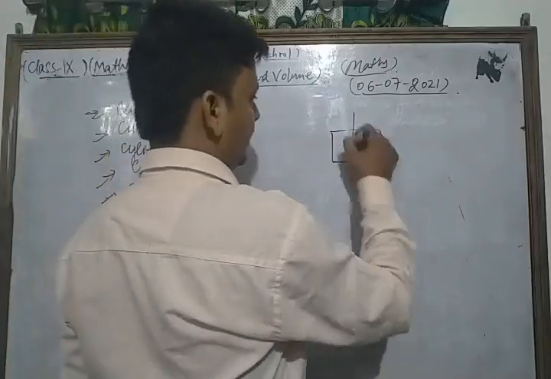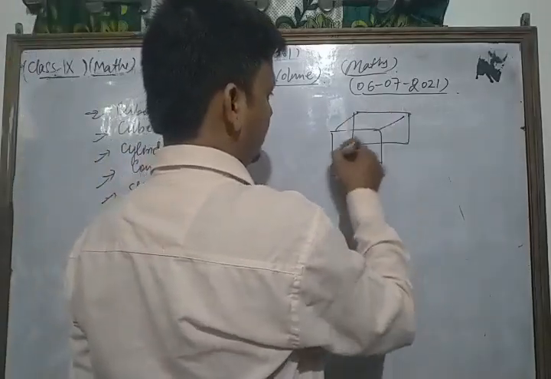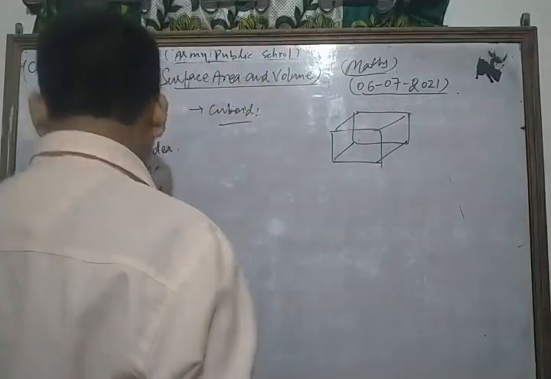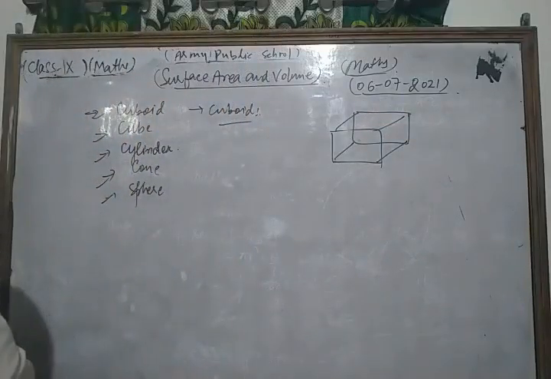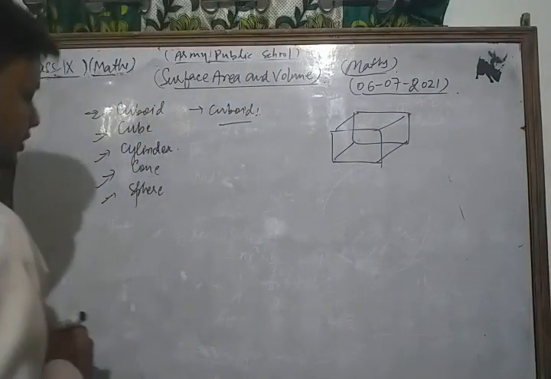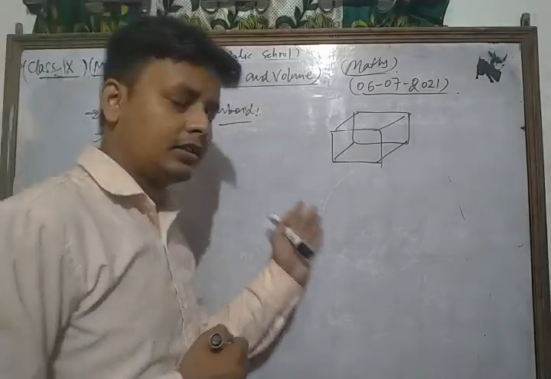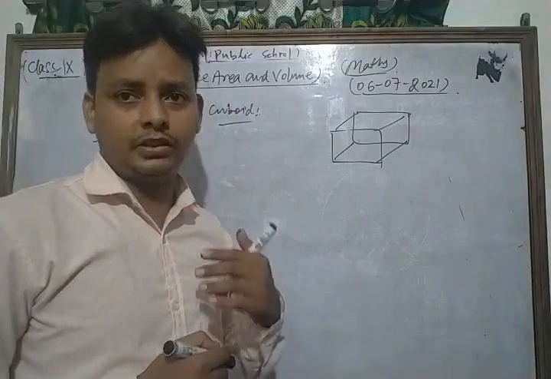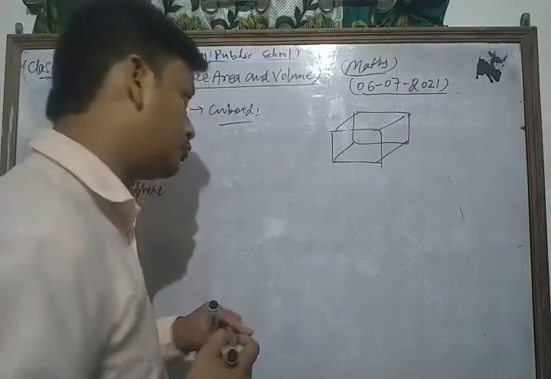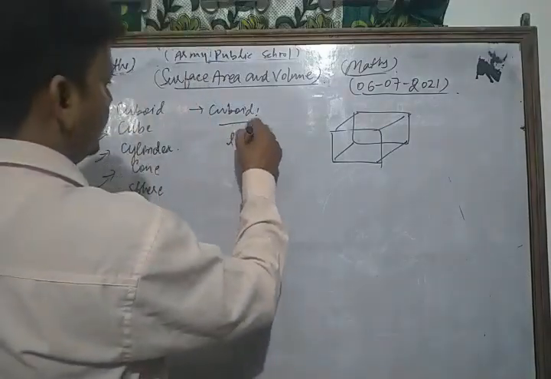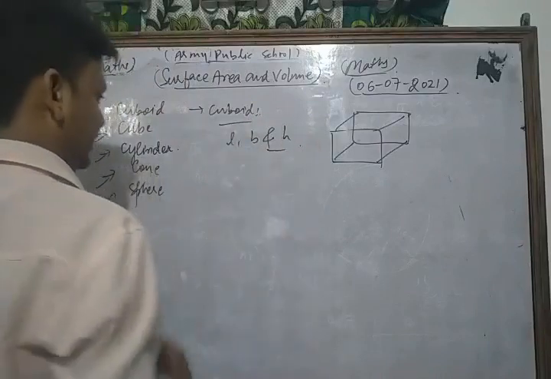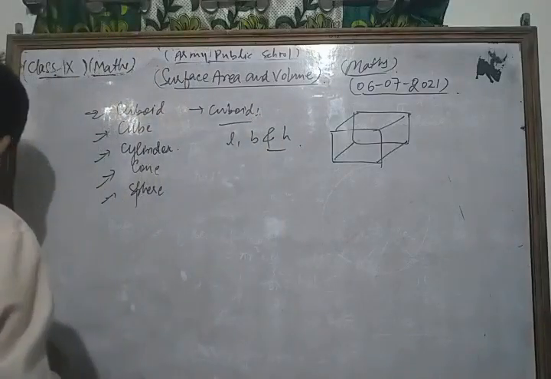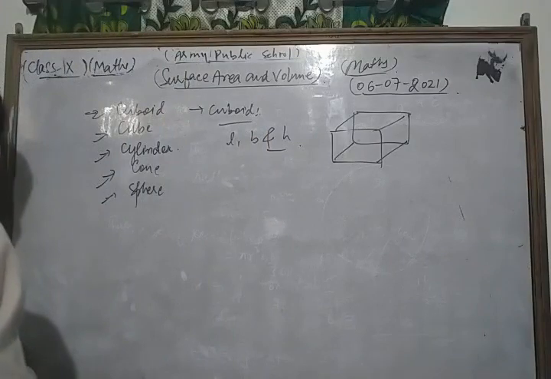This is the shape of a cuboid. It is said to be a cuboid, and a cuboid has a length, breadth as well as height. So this is the concept of that.